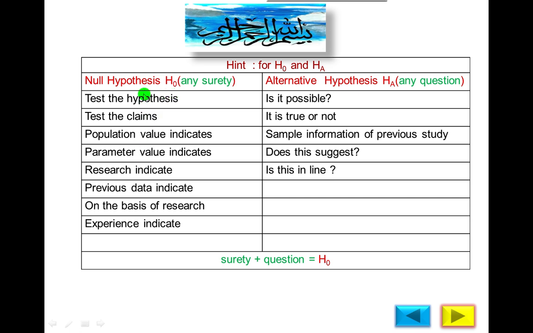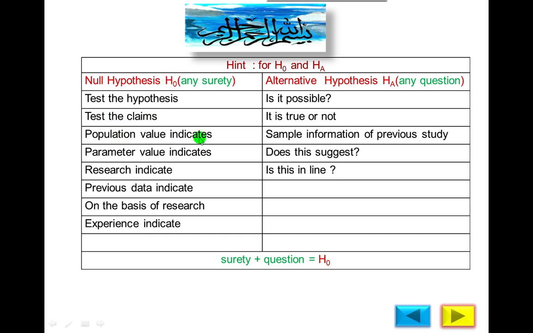So these words indicate the null hypothesis. If, suppose, in the first question the statement is clearly given, test the hypothesis. Test the hypothesis indicates this is the statement for null hypothesis. Null hypothesis is given. Test the claims.